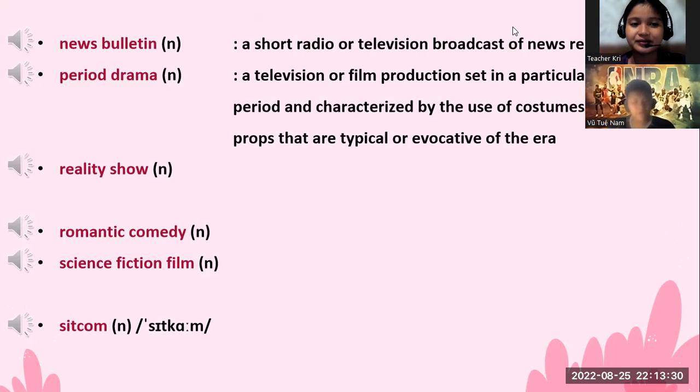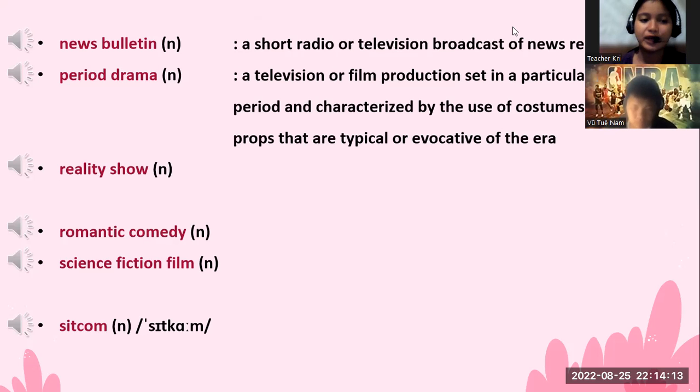A television or film production set in a particular historical period and characterized by the use of costumes, sets, and props that are typical and evocative of the era. All right.